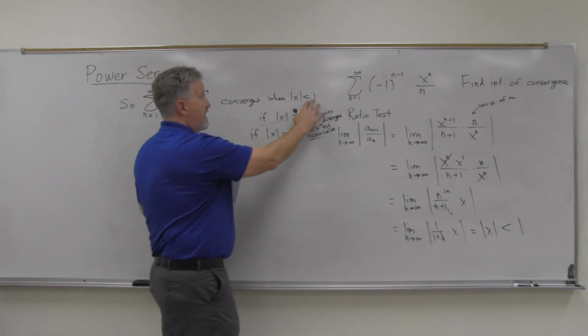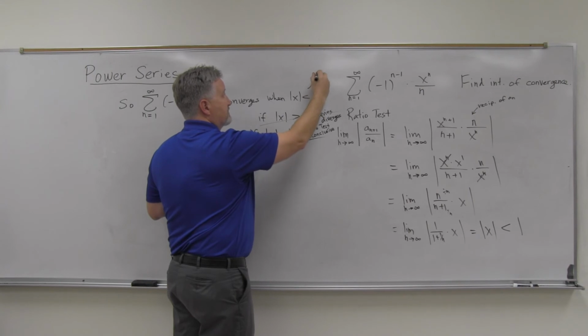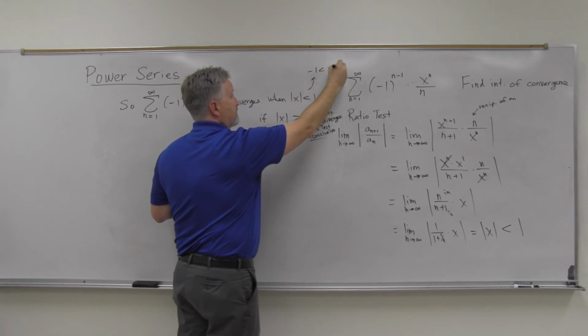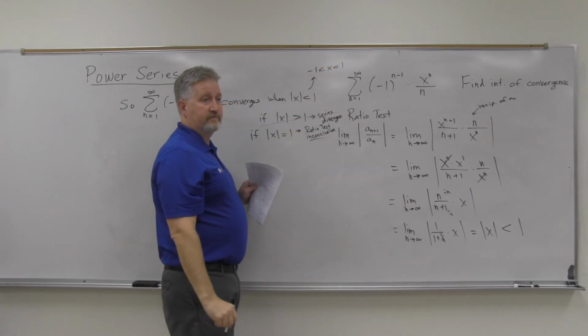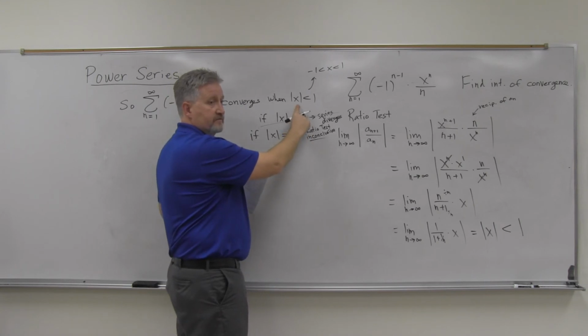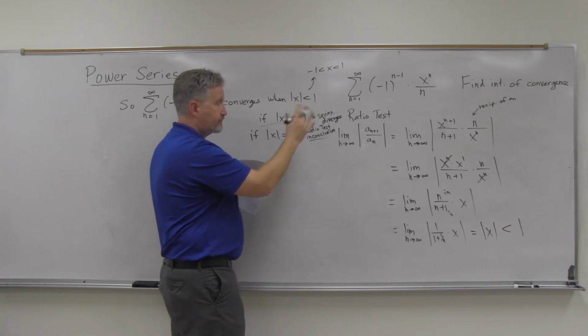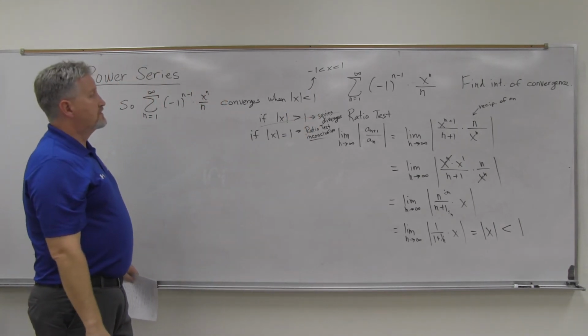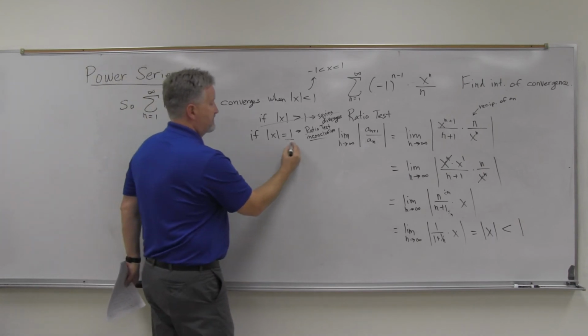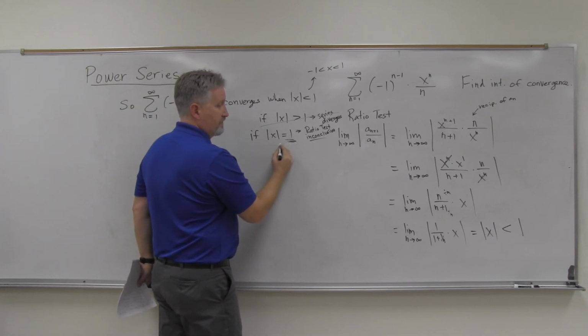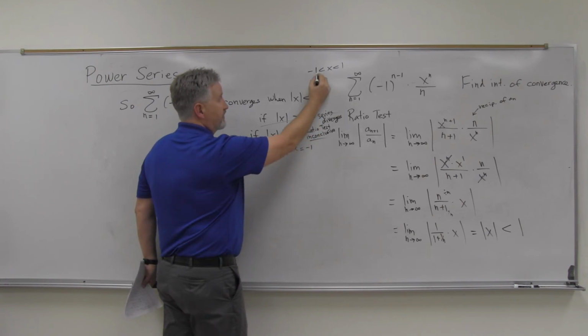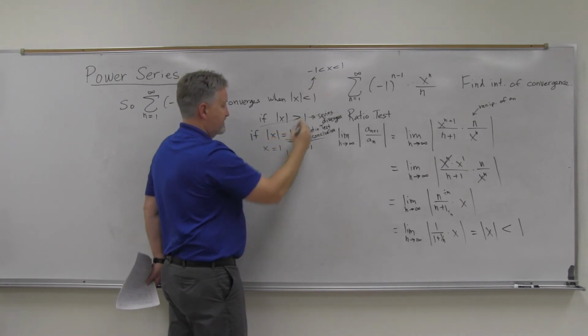Now, if we think about it, this means negative 1, positive 1, right? So really, I have to test x equals 1 and x equals negative 1. Well, if you look at it, those are the endpoints. So that's usually what we say.